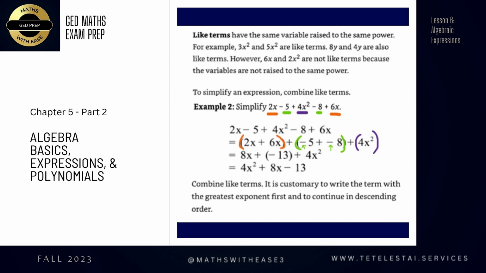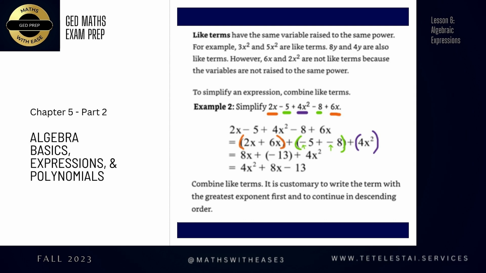Okay. And so this same expression that we're given in simplified form would be written as 4x squared plus 8x minus 13. That's simply because we have one term that's being squared, 4x squared, and then we have two like terms, 2x and 6x. If we add those together, we get 8x, and then we have two whole numbers, -5 and -8.